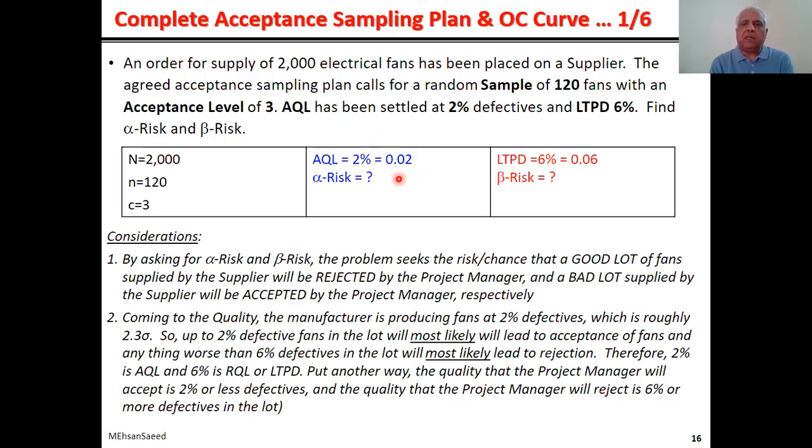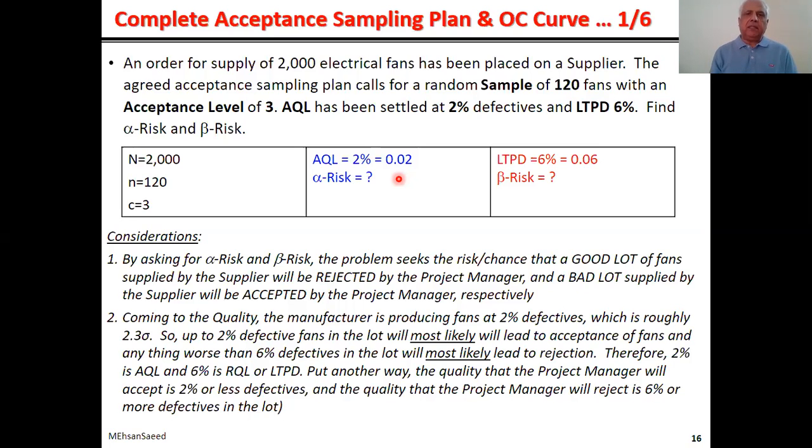AQL 2% roughly equates to 2.3 sigma quality level. So if the seller does indeed produce these deliverables or electrical fans at 2% or 2.3 sigma, then there is a good chance that his consignment of 2,000 electrical fans will clear the validate scope process.